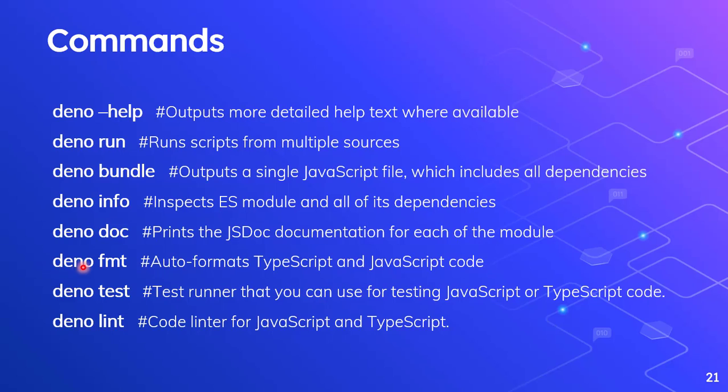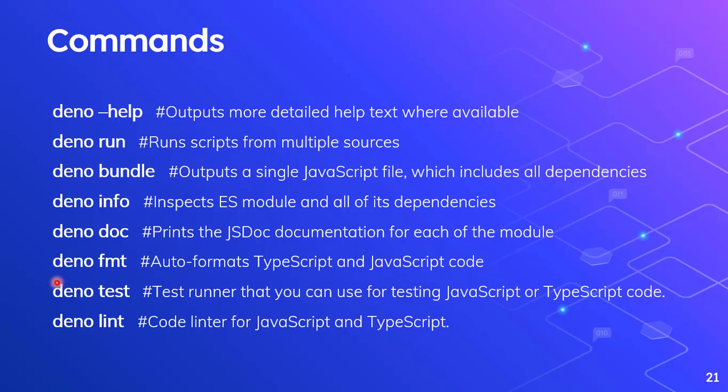One of the most used things is Deno fmt, which is the formatter. Deno has a built-in formatter which auto formats TypeScript and JavaScript code. Whenever you write code and you want to make it very clear, you should run Deno fmt, which is formatting.